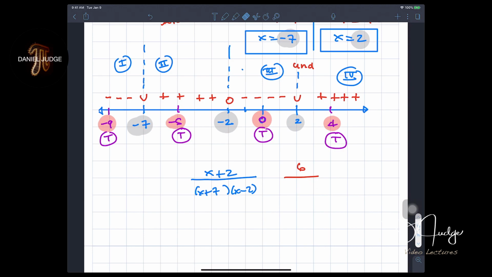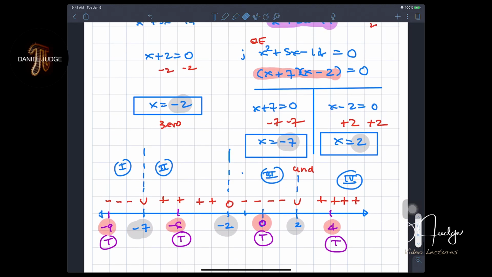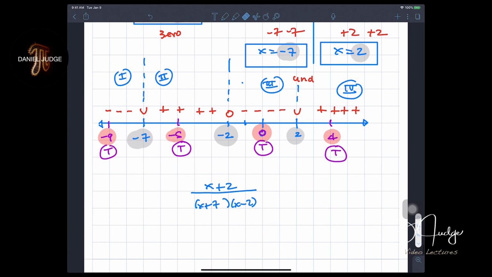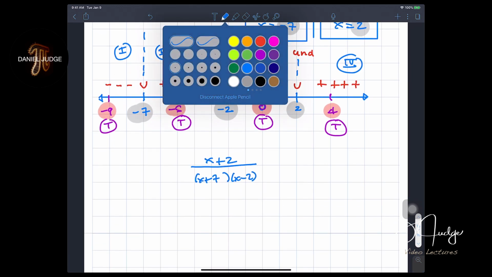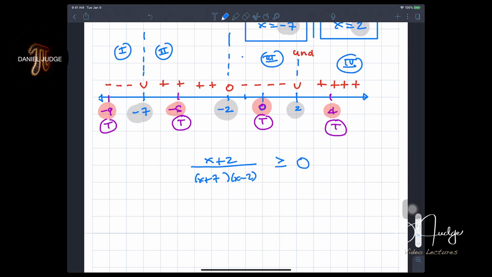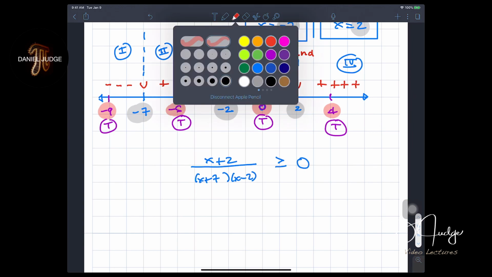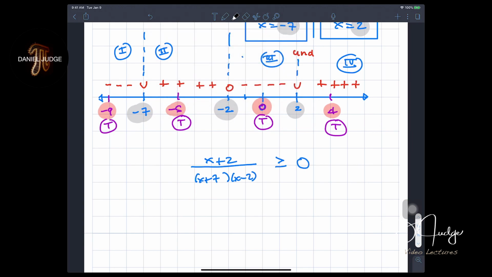Check the signs. But the original question, remember, they want to know where this thing is going to be greater than or equal to 0. Now, greater than 0 again, any fraction that's greater than 0 means that the fraction is positive. So you look for the positive regions, region 2 and region 4. Now, region 2, these values of x will make the fraction positive.